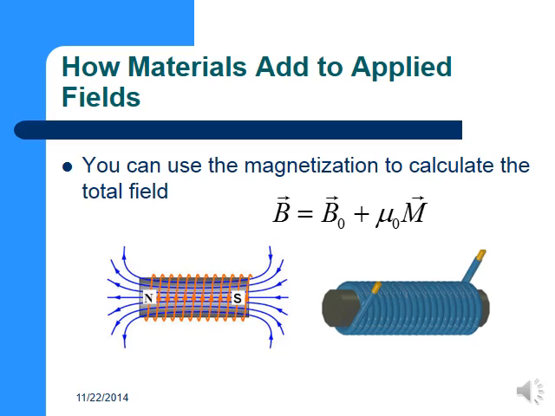On the left-hand side, we have a bar of iron, and that bar of iron may be demagnetized in the beginning, and then the coil of wire begins to flow current, and that causes magnetism in the bar, and then that field adds to it as shown. So we're left with the equation: total magnetic field equals the initial field due to the coil plus mu sub 0 times M, where mu sub 0 is the magnetic permeability of a vacuum.